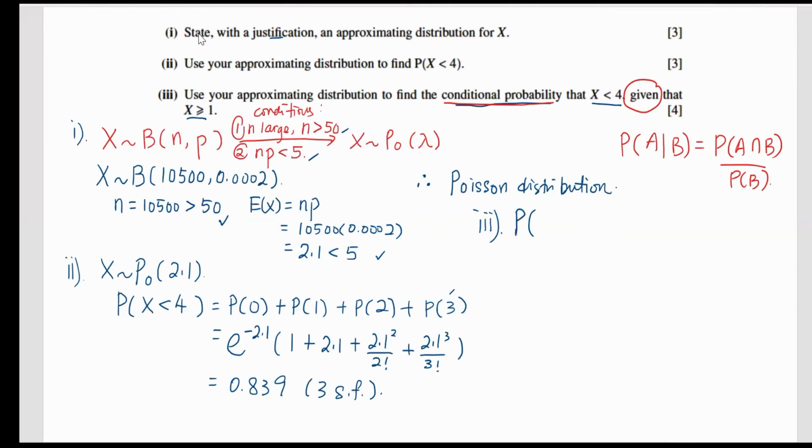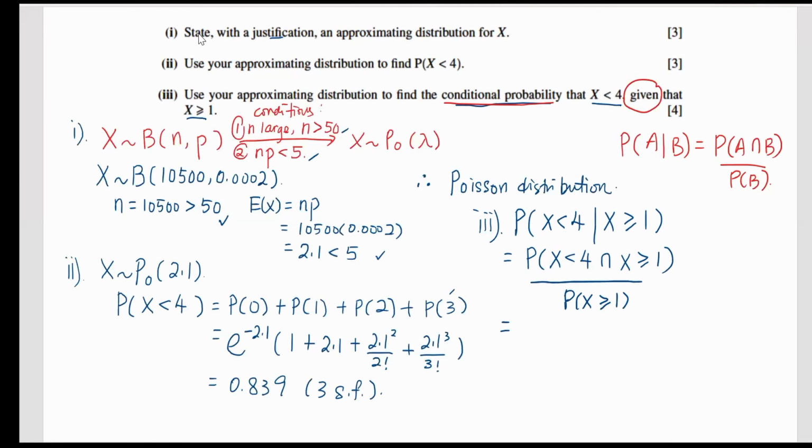So in this case, we are trying to find the probability that X is less than 4 given X is greater than or equal to 1. According to the formula, it is X less than 4 intersect with X greater than or equal to 1, divided by the probability that X is greater than or equal to 1. You need to consider what this means.